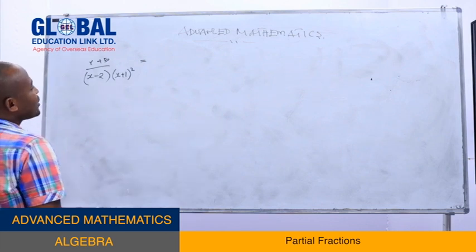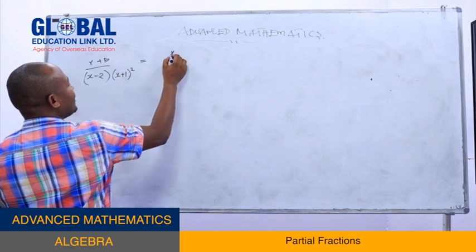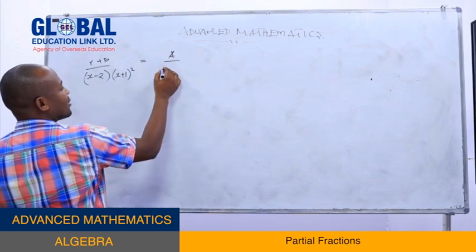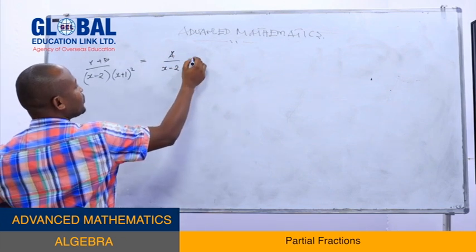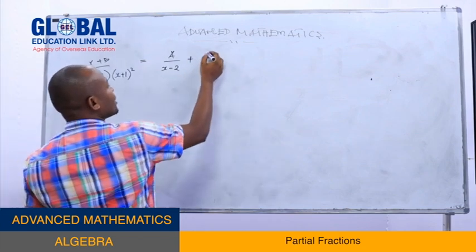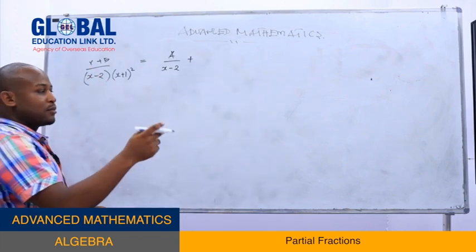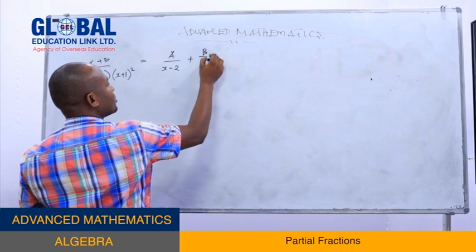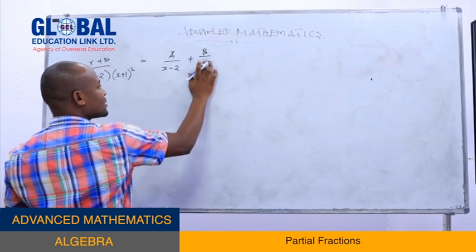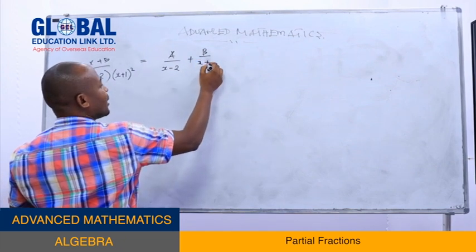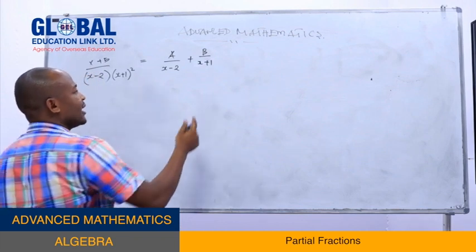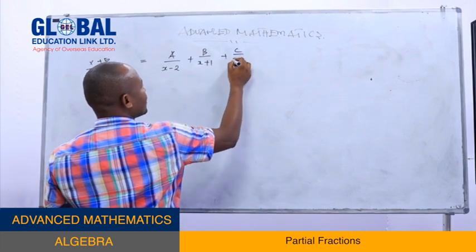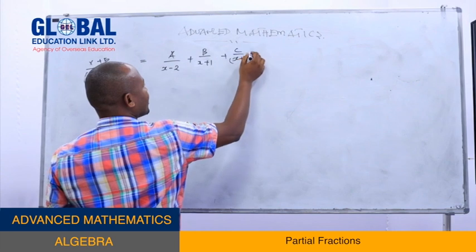So what are we going to have there? We shall have an A. This one is not repeating. Then we shall have A over x minus 2, plus B over x plus 1, the first one, and the next one is C over (x + 1), and that is squared.